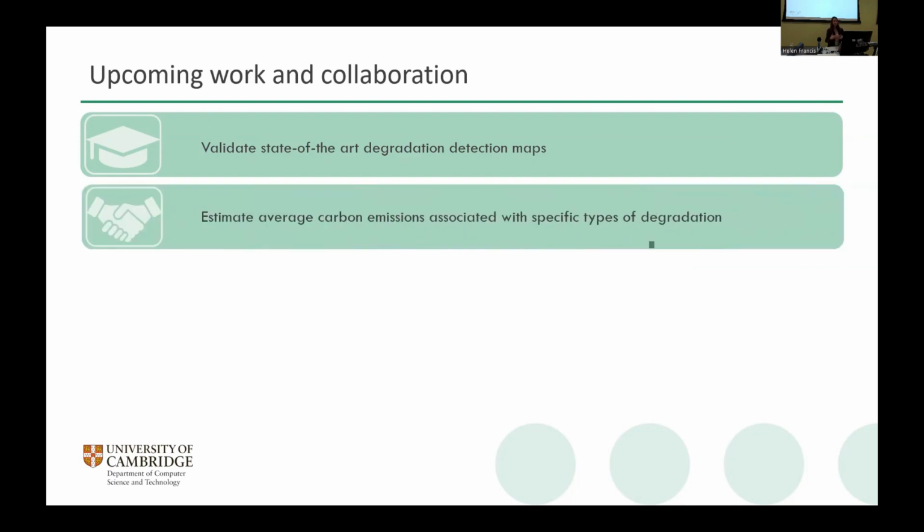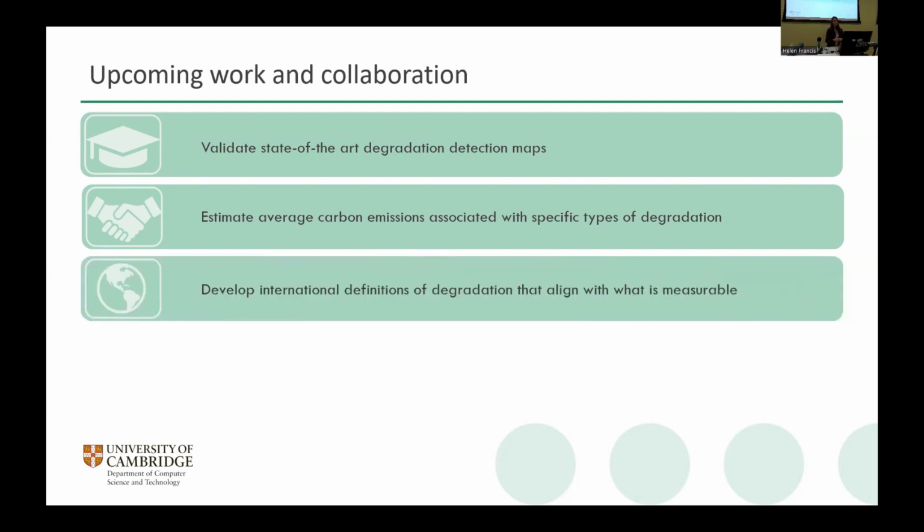Second, we've been working with nonprofit groups that are helping to assess global progress towards conservation and towards land use change emissions reductions, to help get them estimates of carbon emissions for specific disturbance types. And finally, we've been working with policymakers to help them understand how these new technologies could help us better define and measure degradation at an international level.